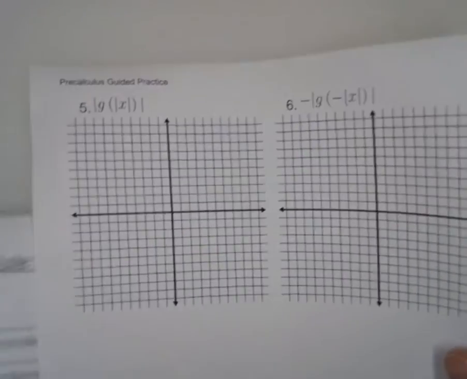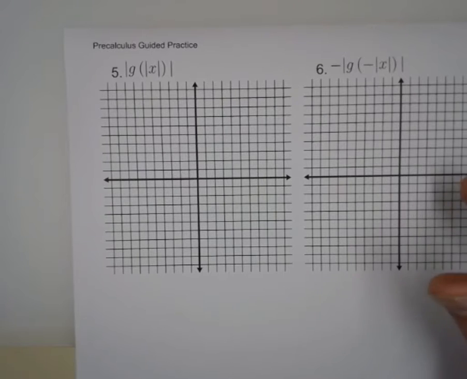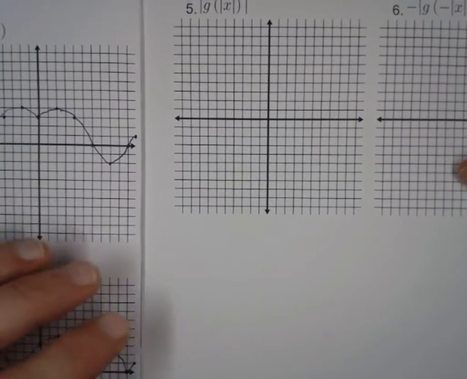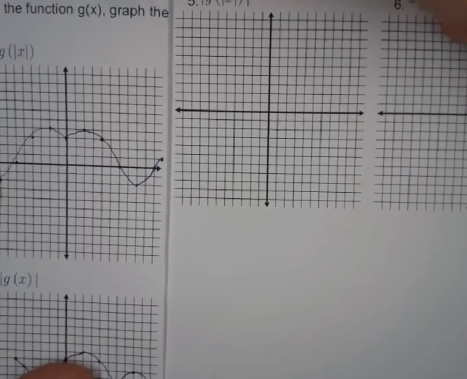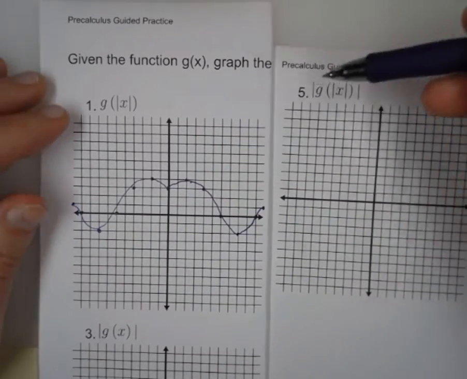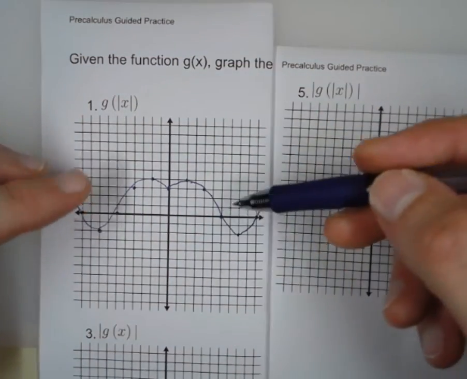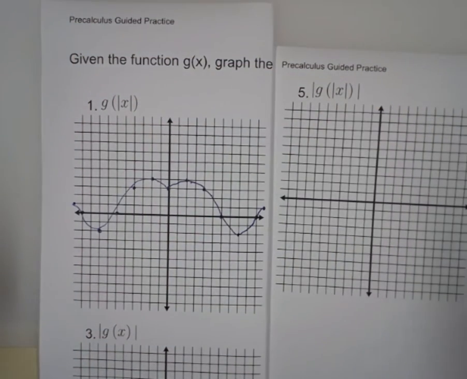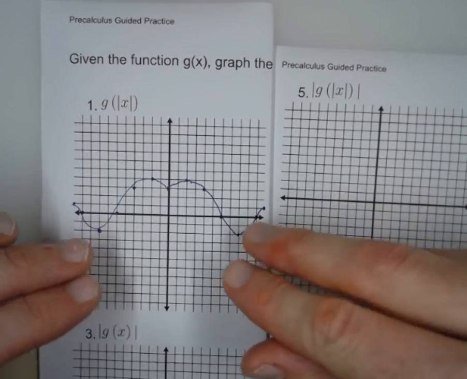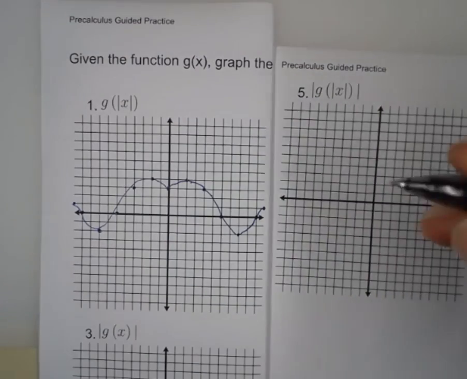Now, the last page, here we've got absolute value of g of absolute value of x. Now, if you start from the original graph, that's going to be really tough. But we don't have to, because we've already done half the work right here. Here we've got g of absolute value of x. And so all we're going to do is say, well, what happens if we apply absolute value to this graph? Well, if you apply absolute value on the outside, that's going to take all the negative parts and make them positive. That's what it's going to do.